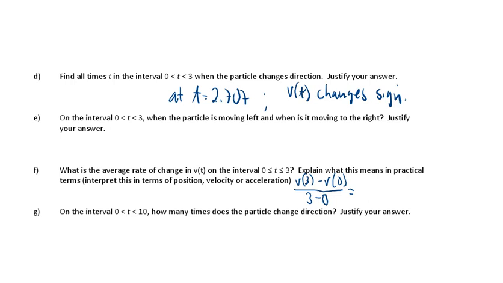Right? As long as my velocity continues to be positive, now I'm moving towards 3, right? Now I'm higher than 2. As soon as that velocity hits the x-axis, now I'm coming back towards 2.